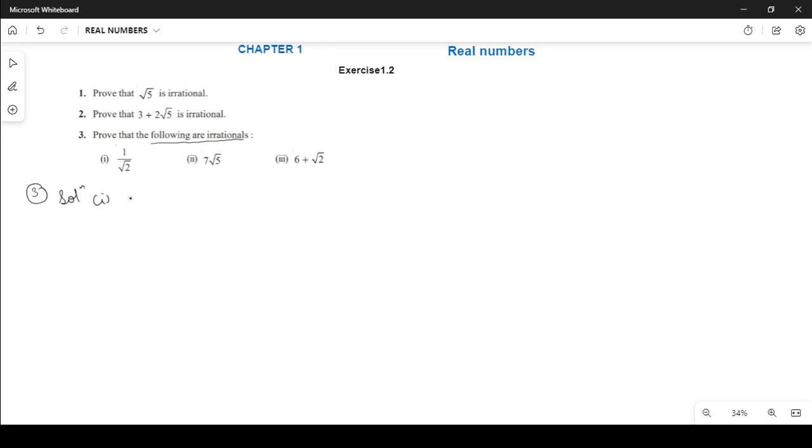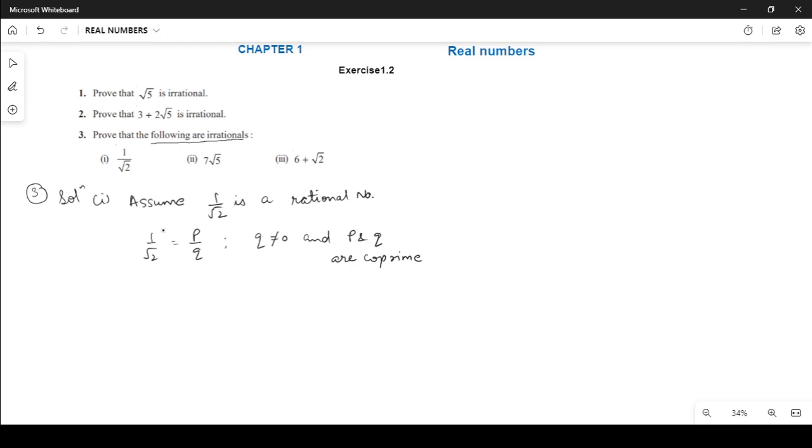Let us again assume 1 upon under root 2 is a rational number. If it is a rational number, then I can write it as p by q form with given condition q not equals to 0 and p and q are co-prime, right?